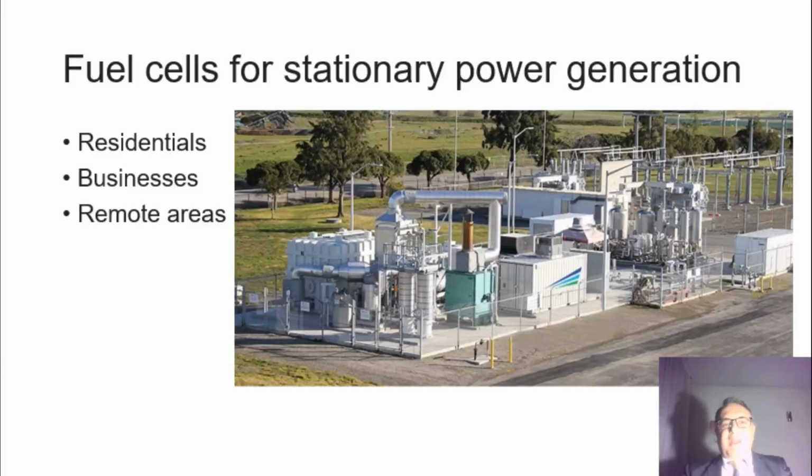We can use it for residential areas, business areas, and also remote areas. It is very important. It is also really fantastic and capable, because at every point you will find the sun, and we can easily have a solar panel and convert it to energy.